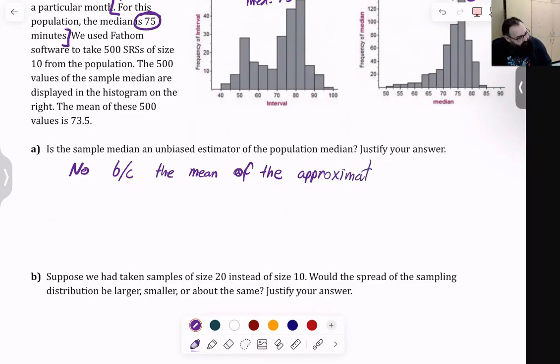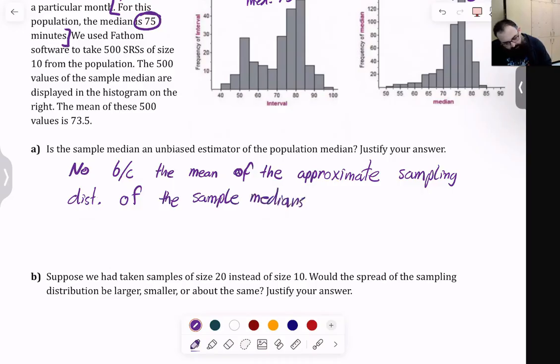The mean of the approximate sampling distribution of the sample medians is not equal to the population median.